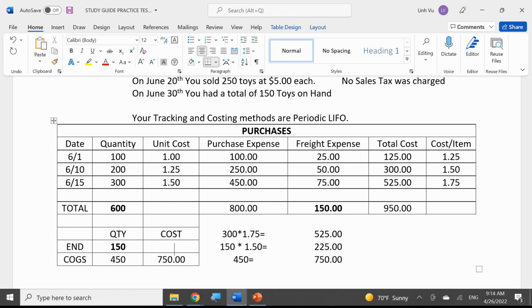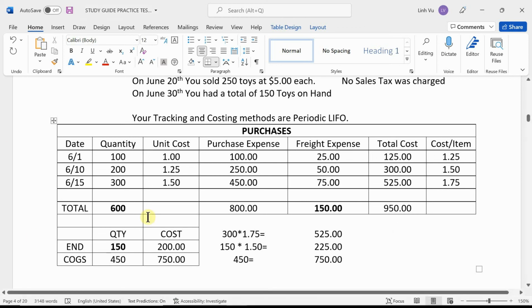So if this gives you 750, what is your total ending balance? 200, right? So since you sold the second one for 225, you should have left $75 plus 125 will give you 200.